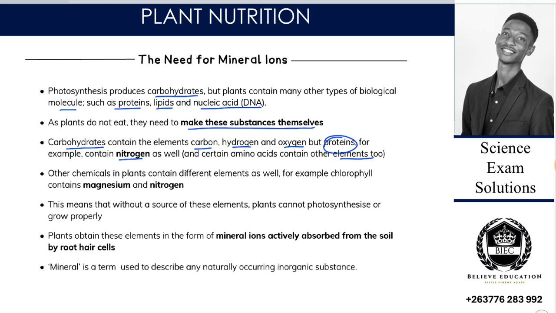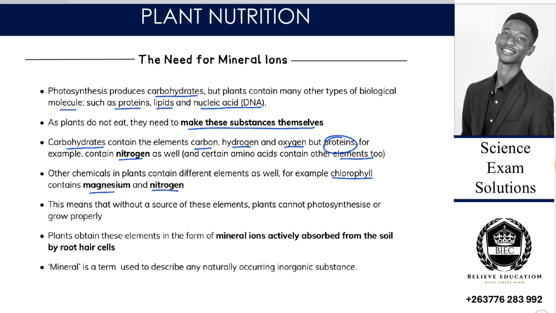For example, where nitrogen joins the carbohydrate, and then it forms what? Amino acids. And other chemicals in plants contain different elements as well. For example, chlorophyll. Chlorophyll contains magnesium and nitrogen.